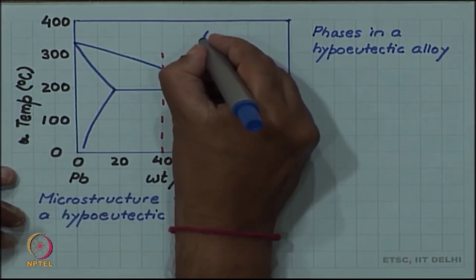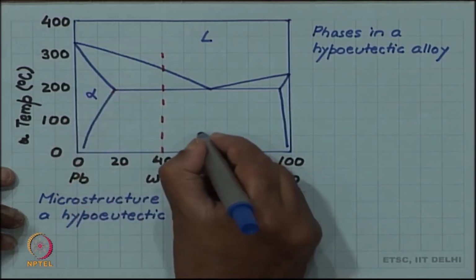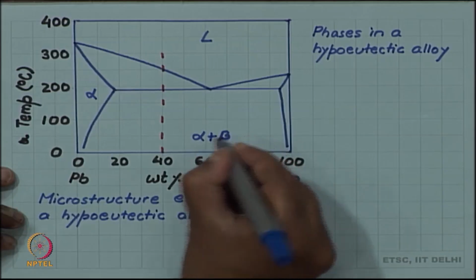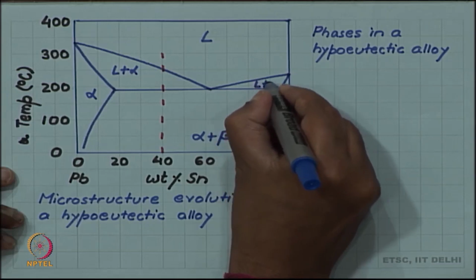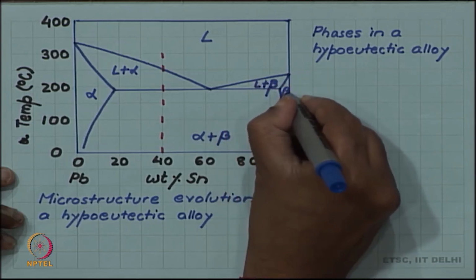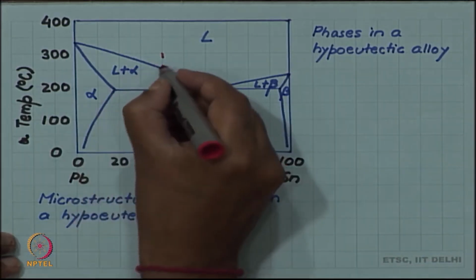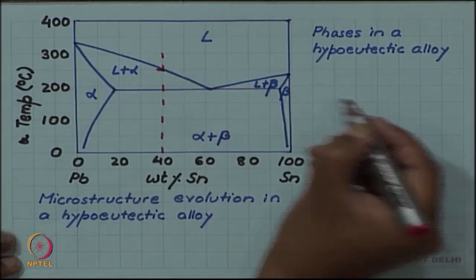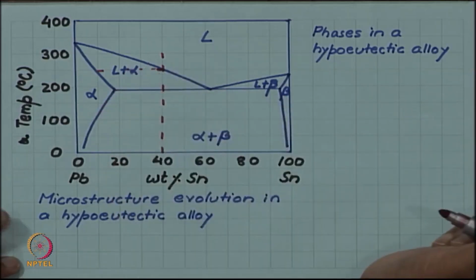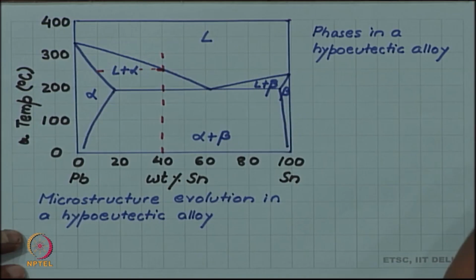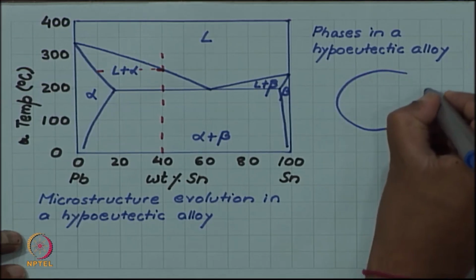The phases in this diagram, as you know, are liquid, alpha, alpha plus beta, liquid plus alpha, liquid plus beta, and beta. So, at the liquidus temperature, or rather just below it, the first solid starts to form, that is alpha. So, let us try to draw a microstructure corresponding to that.